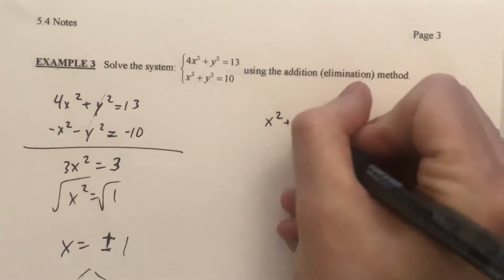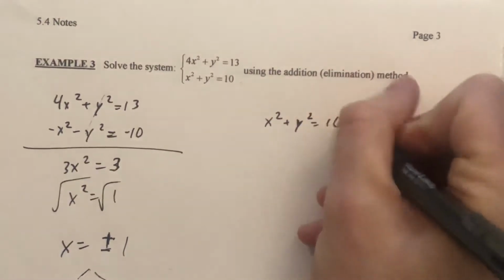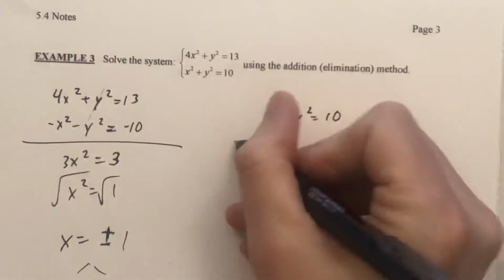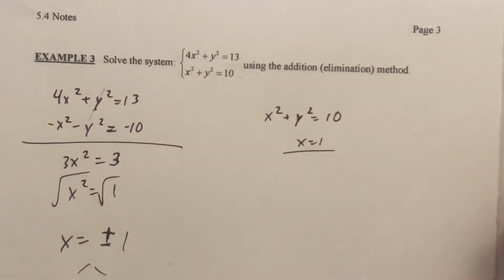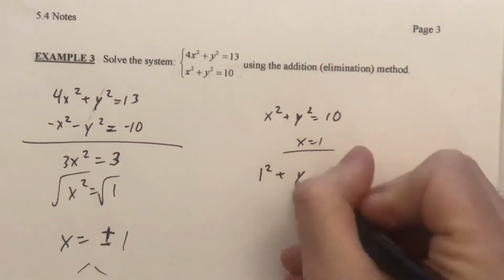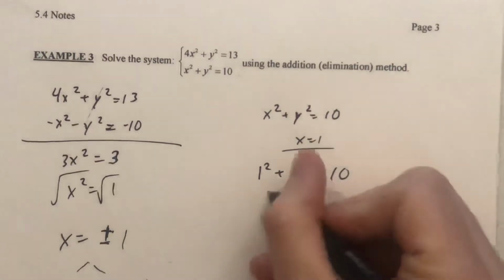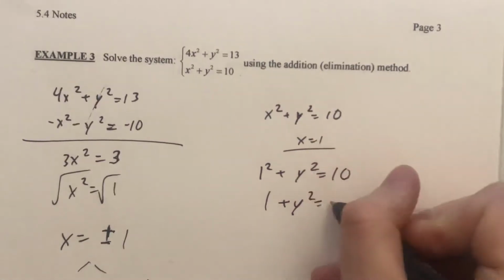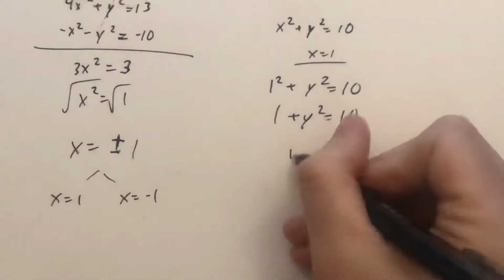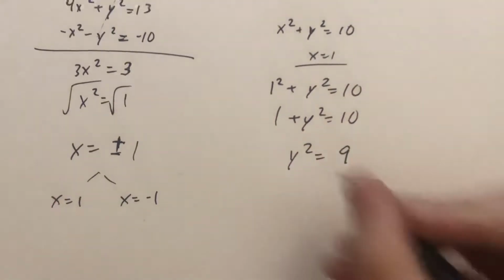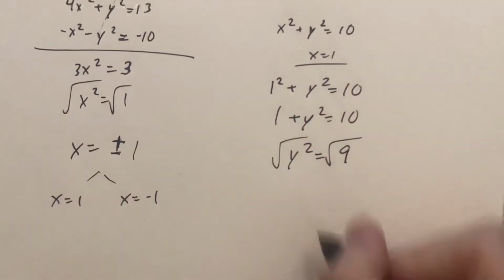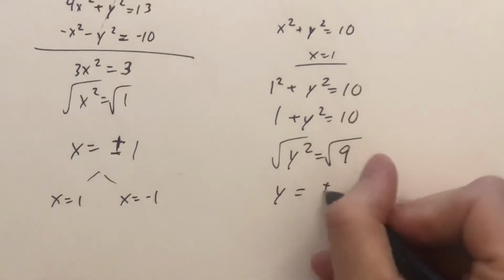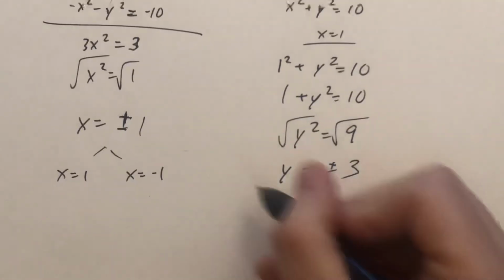So for the x squared plus y squared equals 10, starting with the x equals 1, that'll be 1 squared plus y squared equals 10. So 1 plus y squared equals 10. Subtract the 1, and we get another place where we will do another square root property, giving us y equals plus or minus 3.